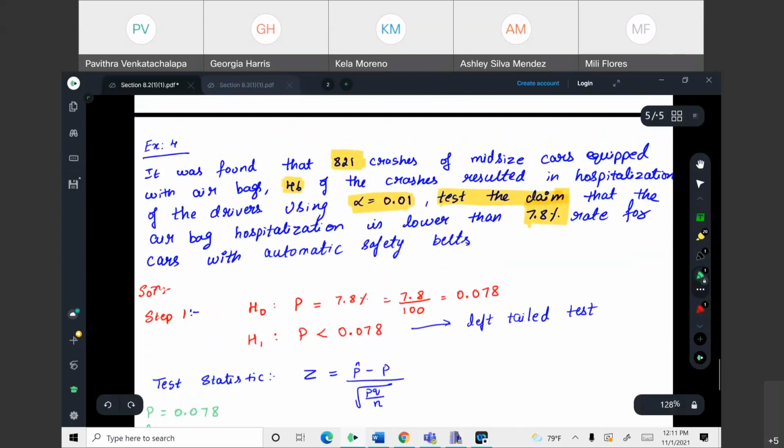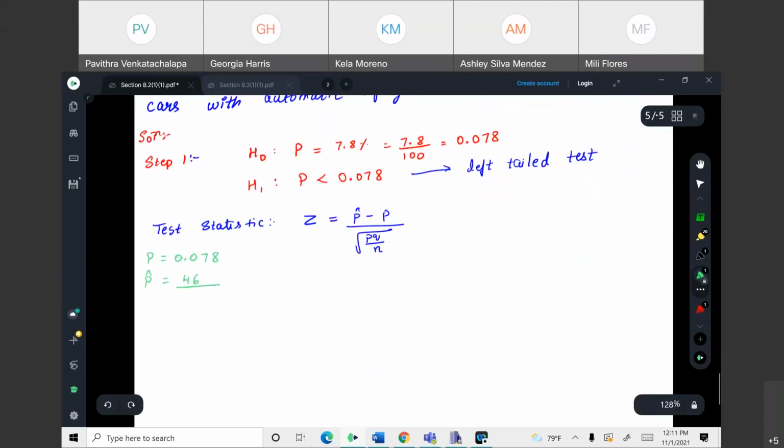Here, total number of outcomes is 821, which is n. So we will divide 46 by 821. That will give you 0.056. So p cap, p, q, all these three are probabilities, so the value has to be less than 1.